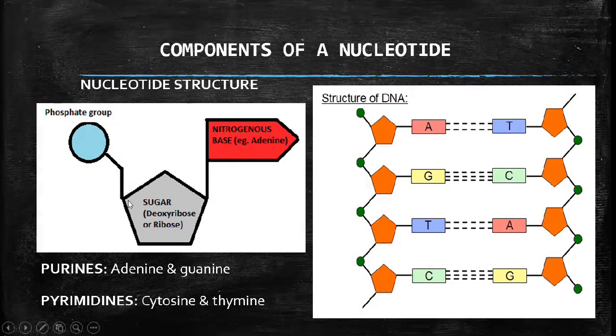We have 2 types of sugars found on the nucleotides of these 2 nucleic acids. For DNA, we have a specific sugar, and RNA, which we're going to discuss later, has its own specific sugar. DNA's sugar is called the deoxyribose sugar, but for RNA, the sugar is called the ribose sugar.